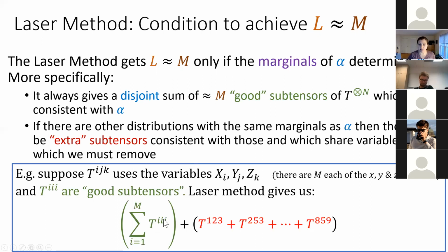So in other words, it looks something like this. You have a bunch of disjoint tensors, M of them, let's say, meaning that the ith variable set differs from the jth variable set. These are completely disjoint, I call them good, plus a bunch of other stuff. T1, 2, 3 shares variables with everything in T11, T22, T33, right?